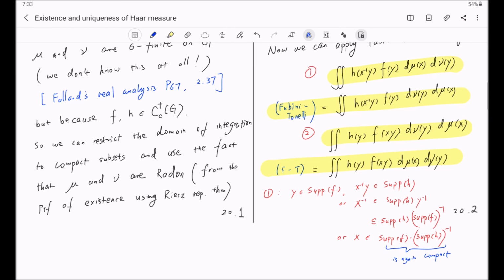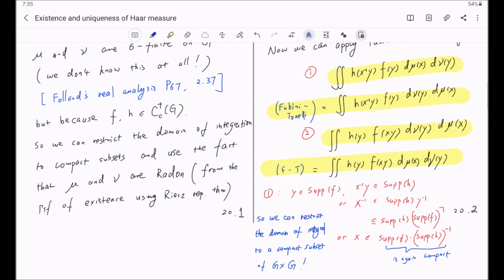So we can restrict the domain of this integration to the compact subset of the product space, and apply the Fubini-Tonelli on that compact space. And this compact subset is actually the product of this compact set and this compact set.